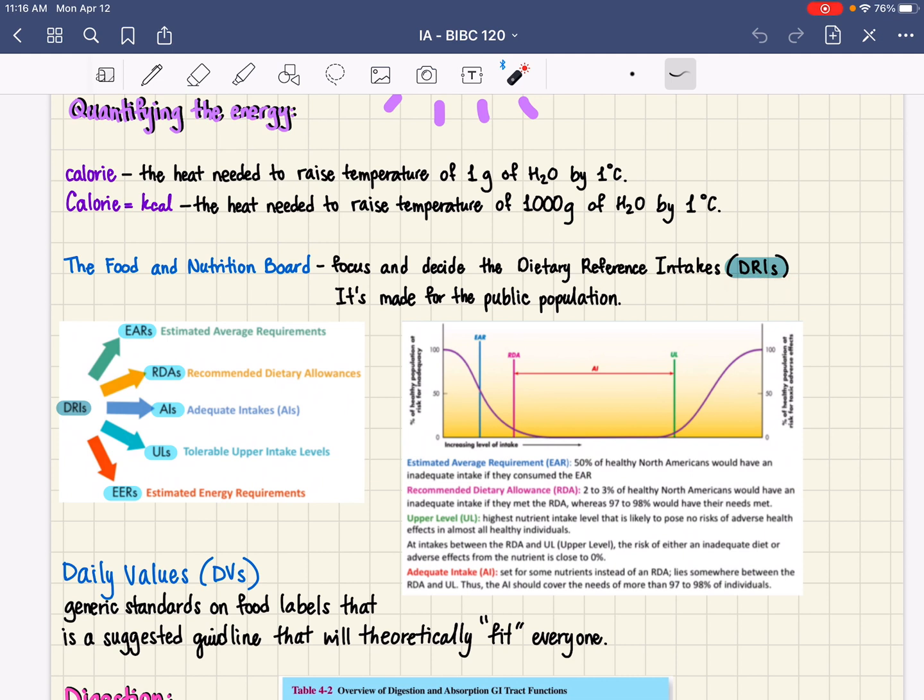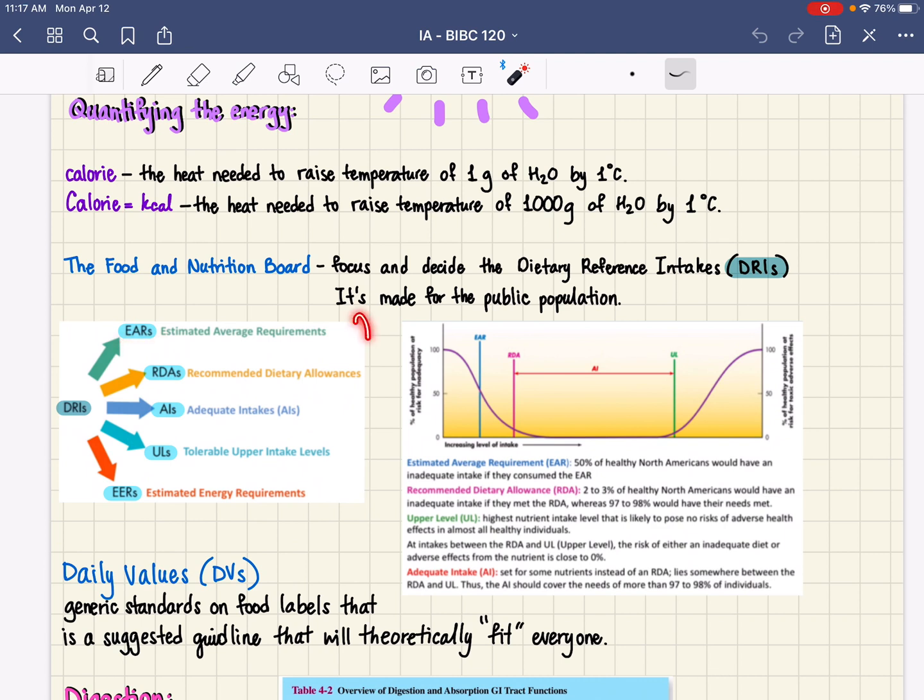There are many DRIs. Over here, we have the estimated average requirements, the recommended dietary allowances, and the tolerable upper intake levels. And all of these DRIs basically tell us, maybe you shouldn't be eating too much of a certain food, past the upper limit level, or the estimated requirement of a certain food that one needs to survive is decided by the EAR.